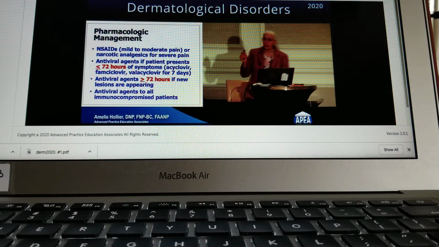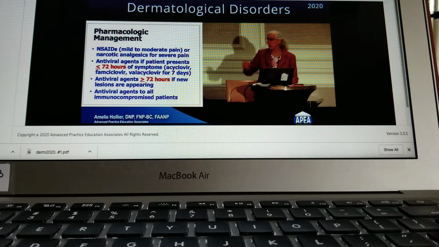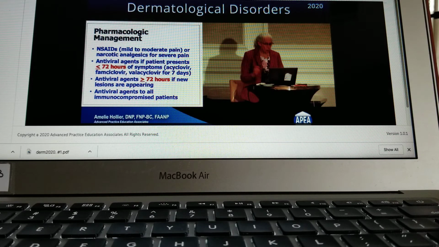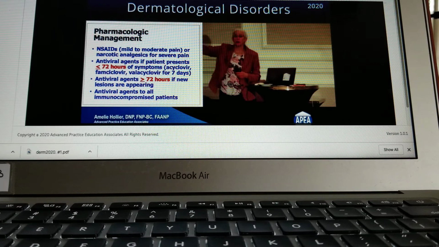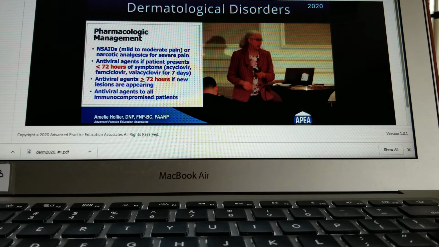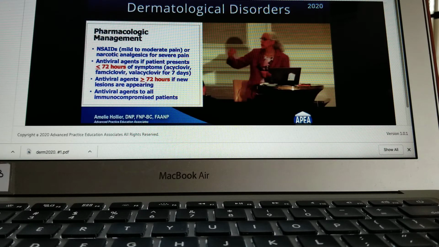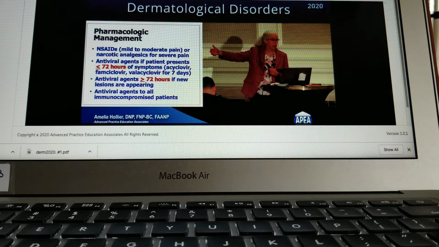One is we want to get an oral antiviral agent in them as soon as we can, preferably within 72 hours. We give an oral antiviral after 72 hours if they're still having new lesions appearing. You got it?